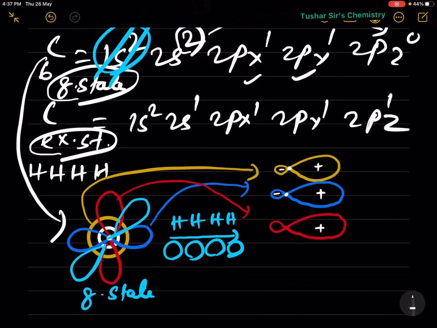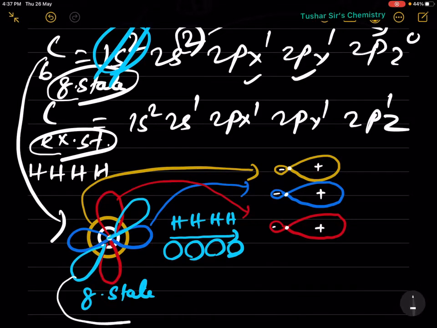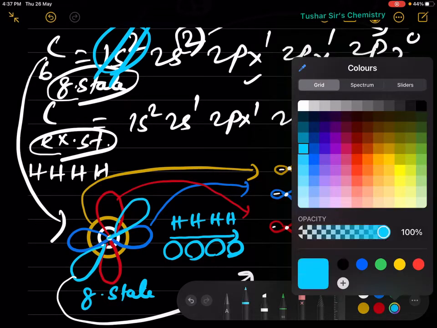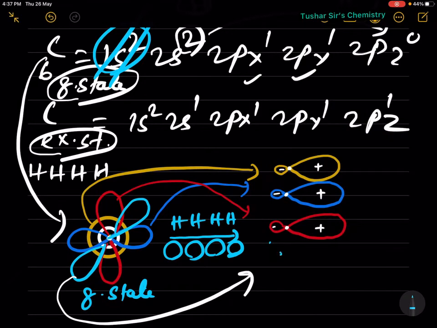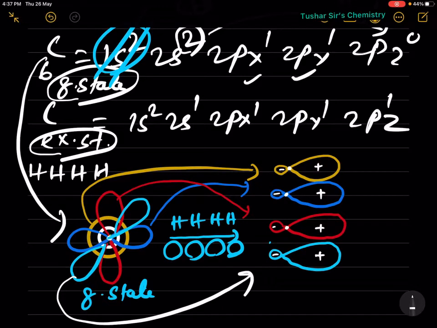This is positive, this is negative, and this is the nucleus. Then the last one becomes like this, and this one is positive and this one is negative.